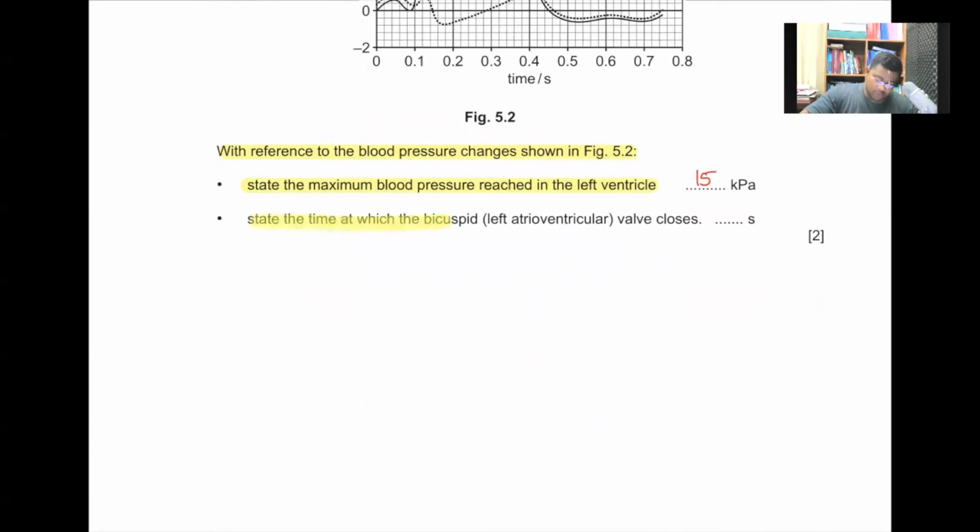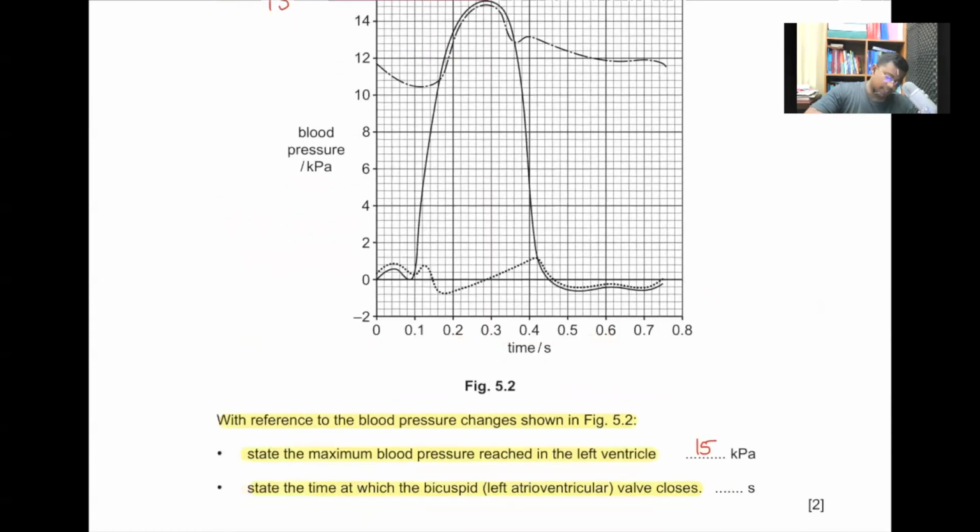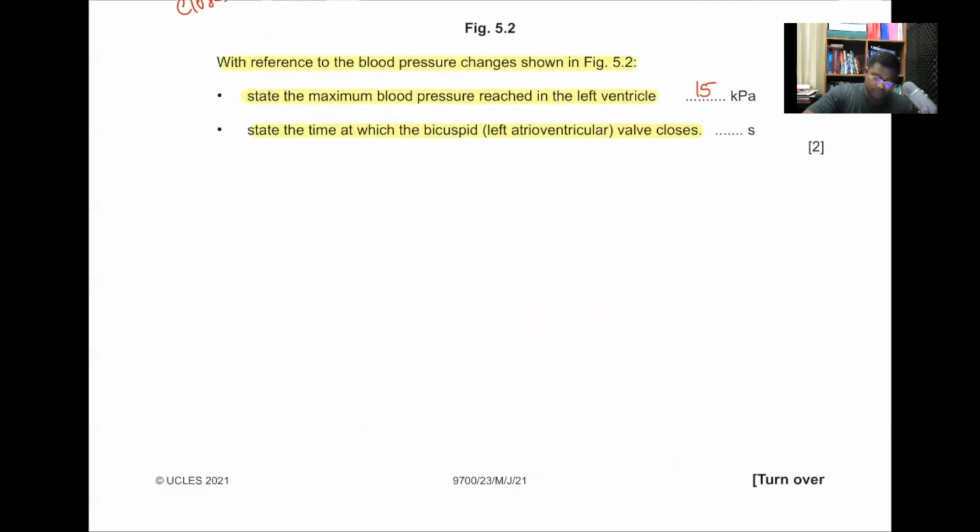State the time at which the bicuspid or left atrioventricular valve closes. So the bicuspid valve closes here, which is 0.1 second.